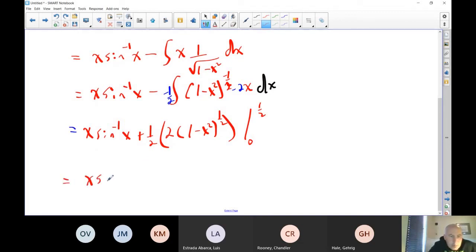Let's clean up a bit more. x inverse sine x plus, these will cross out. I'm just going to write this as square root of 1 minus x squared. So you're filling in your bounds.